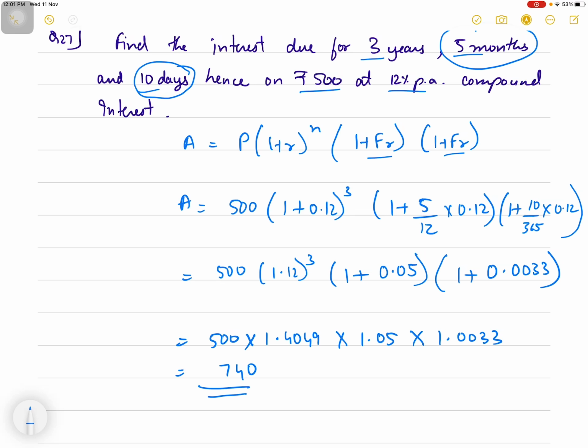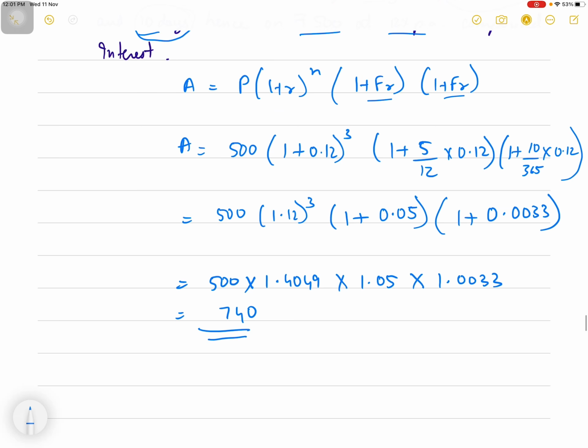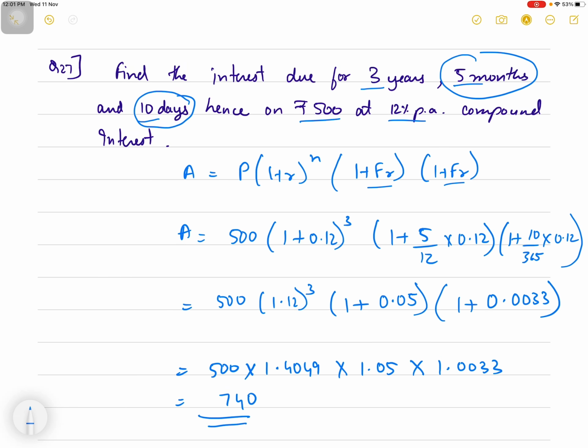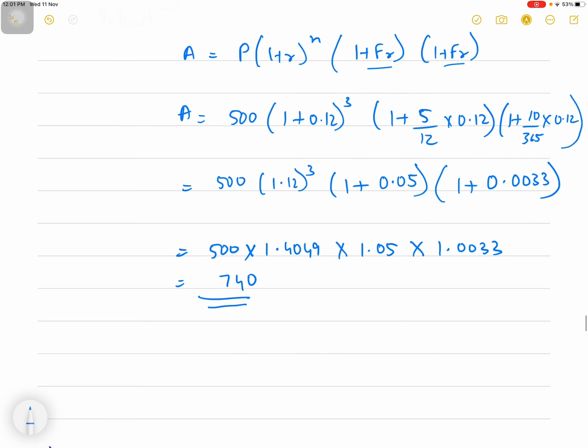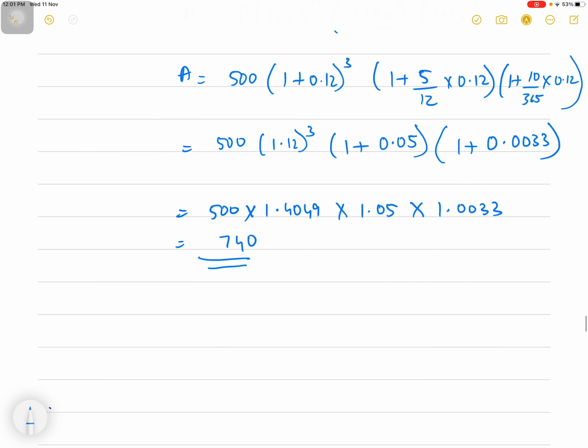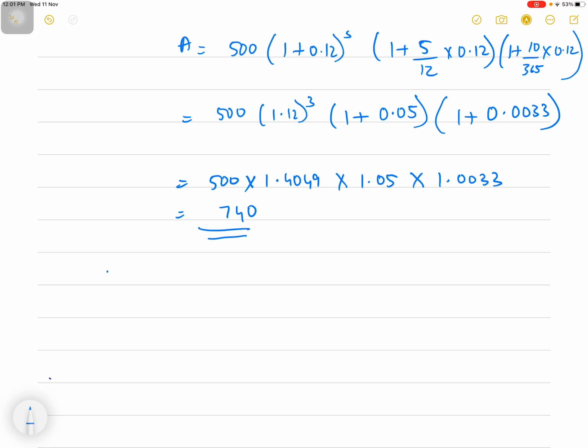You are supposed to find the interest due for 3 years. Or you can write, instead of 740, you can write 740.01 also. Not a problem. You know the amount, you know the principal. So interest is equal to amount minus principal.